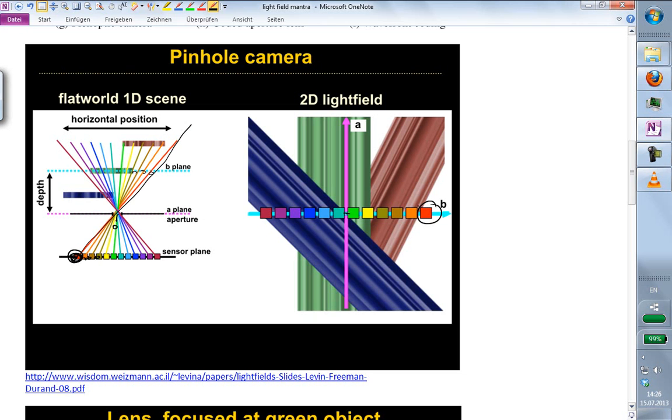So this is the white one here. Then the next sensor element, if I give it a number, this here would be sensor element number 2. It already sees the red object. So this is exactly what sensor element number 2 sees, and so on. So each of these rays corresponds to one of the sensor elements.